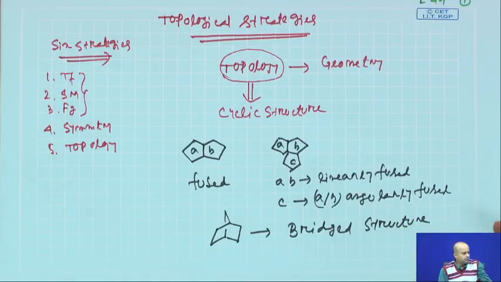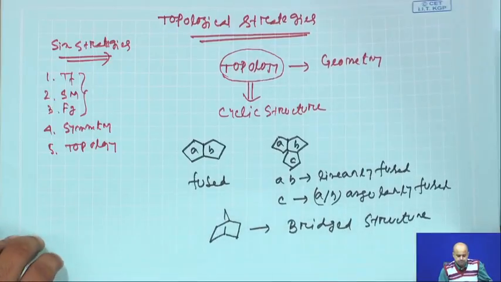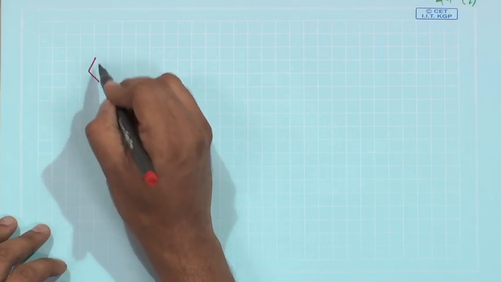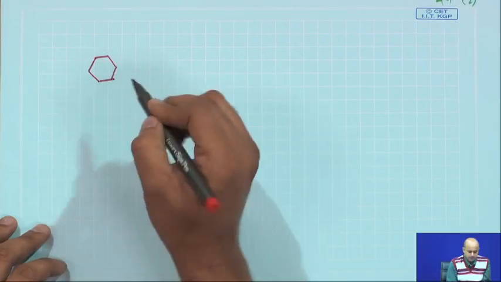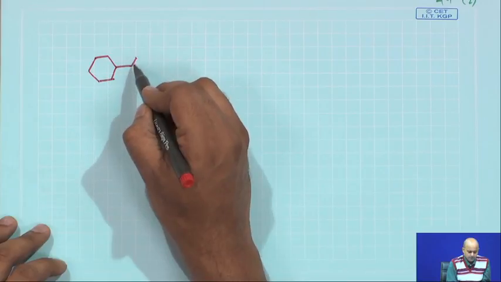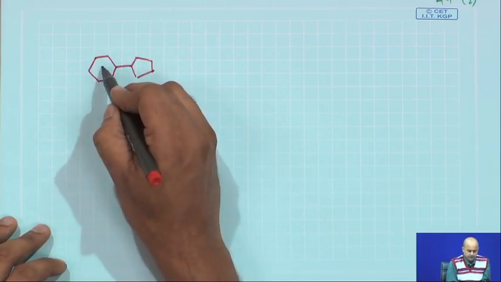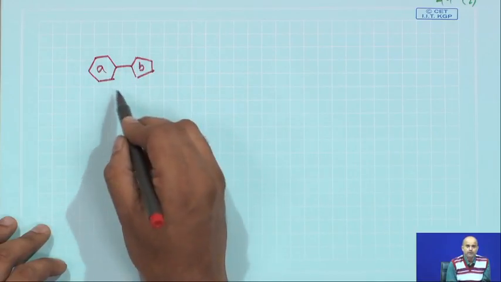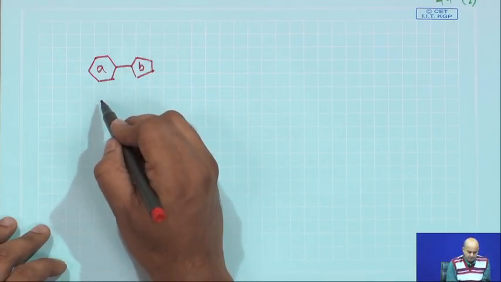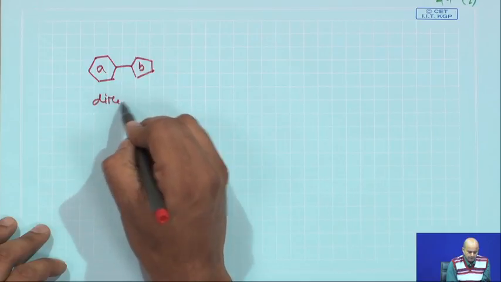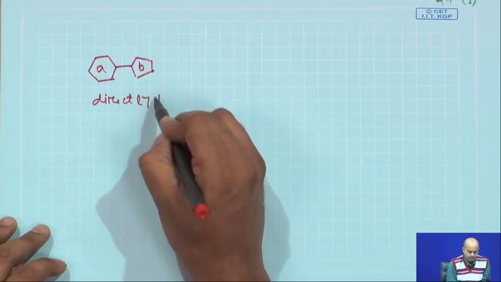So what I am trying to explore throughout this lecture is to give some terminology: what are the different kinds of ring structures known in the literature and how these compounds are given their nomenclature. Initially I said these 2 rings A, B have a unique topology, but basically we can call it directly joined.